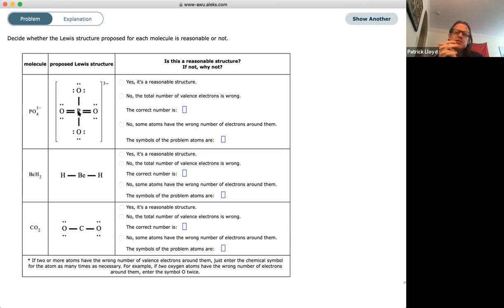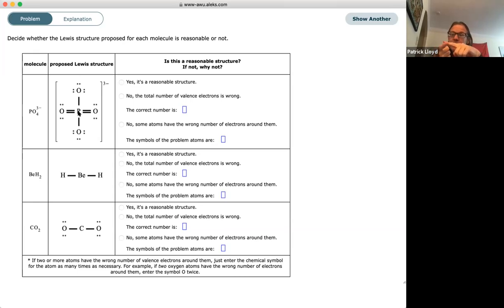Now, one of the things that I can't recall if I mentioned when it comes to formal charges is that if you're drawing Lewis structures and one of the atoms has to have a negative formal charge, there's just no way around it, the more electronegative atom should have the negative formal charge. So oxygen is the second most electronegative element in the periodic table.